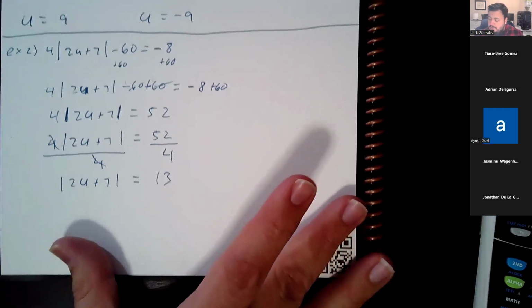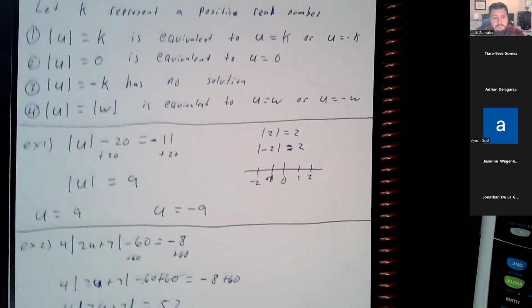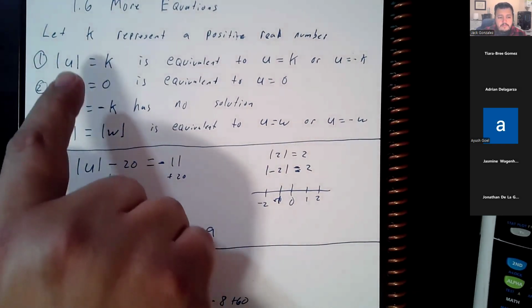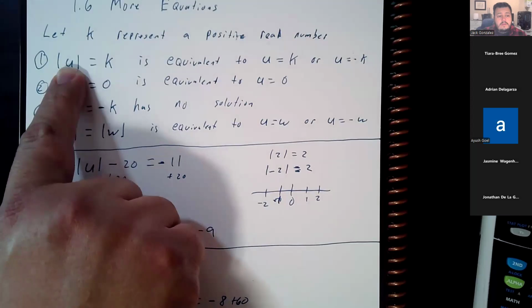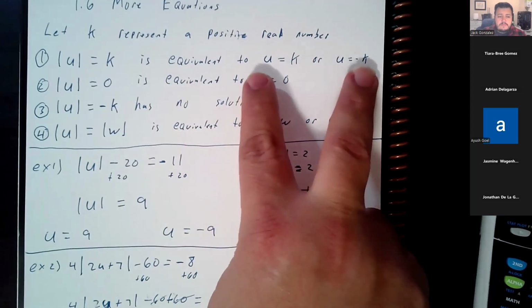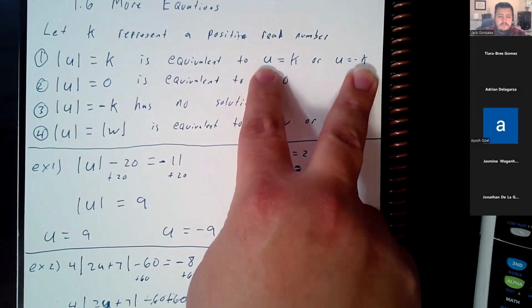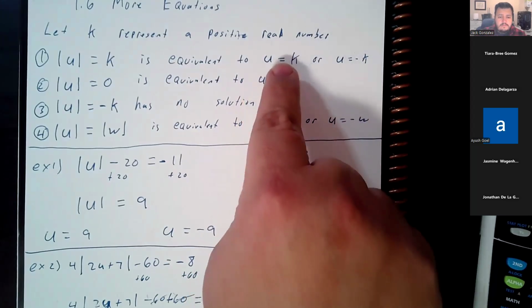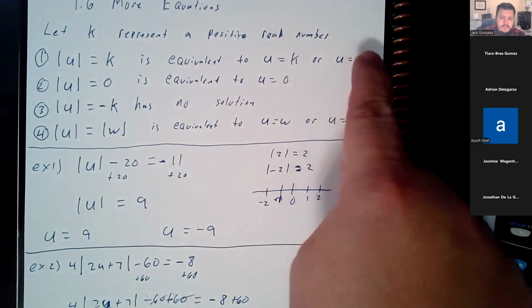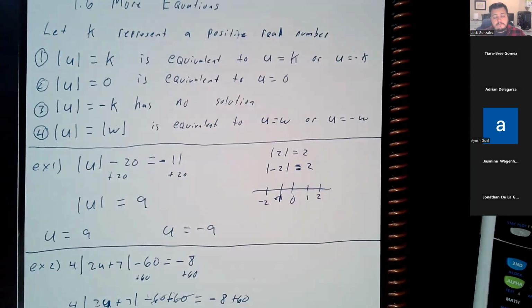So look at property number one. Before we do all that other stuff, we gotta remove the bars. In order to do so, we gotta create two equations. Whatever's inside the bars equal to the other side, and then another one equal to the negative version of that side.